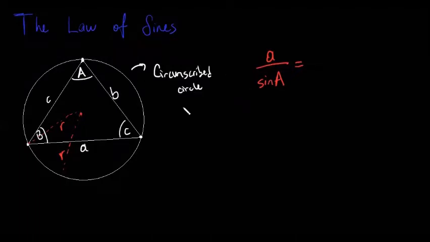A over sine of A, b over sine of B, and it is also equal to lowercase c over sine of capital C, which is this angle, okay? And all these ratios are equal to 2 times the radius, 2r. So this is the law of sines.